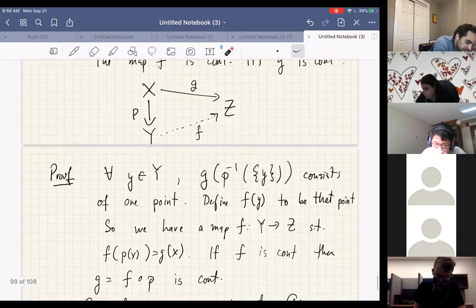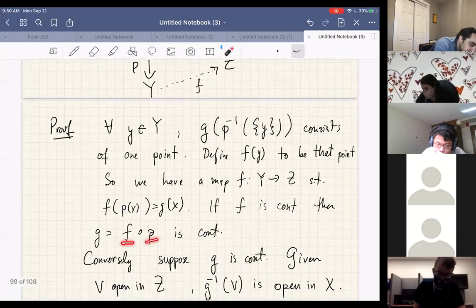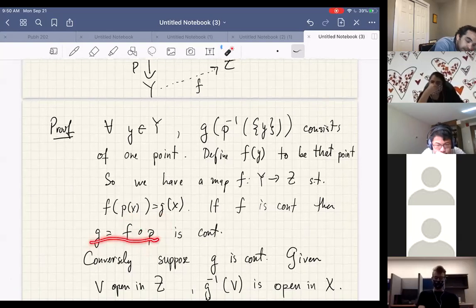And that follows from the fact that the composition of continuous functions is again continuous. P is a quotient map, so in particular it is continuous. So if F is continuous, then G is continuous, because we have that G equals a composition of F and P by construction. That's exactly this condition here, right?